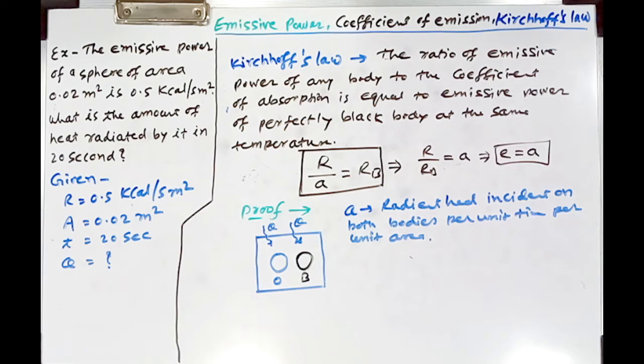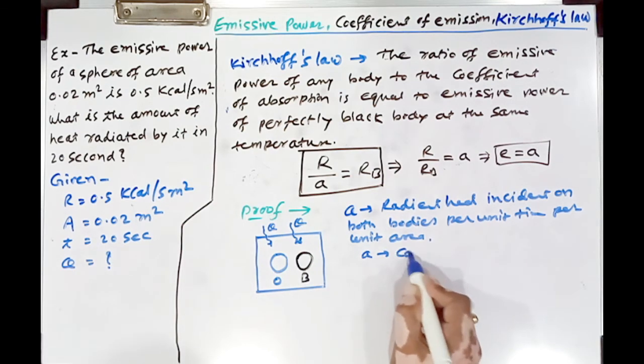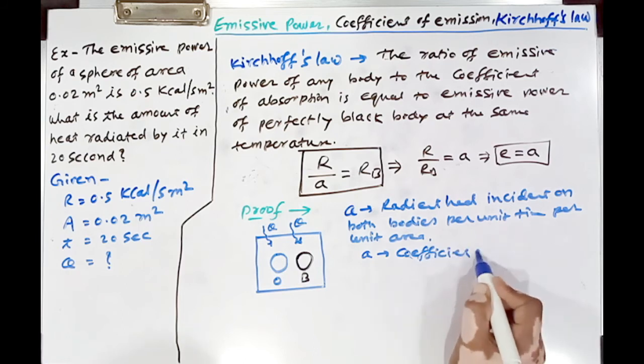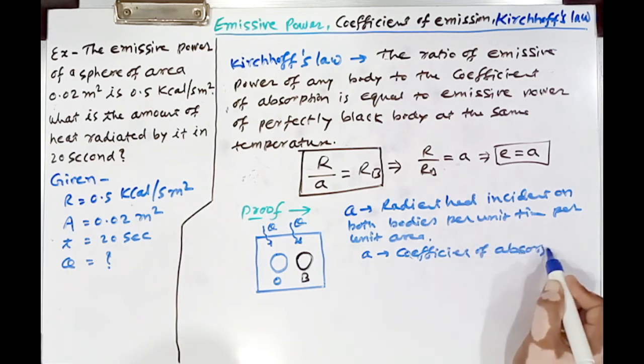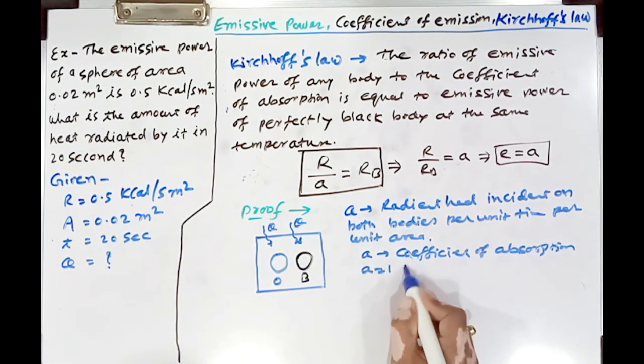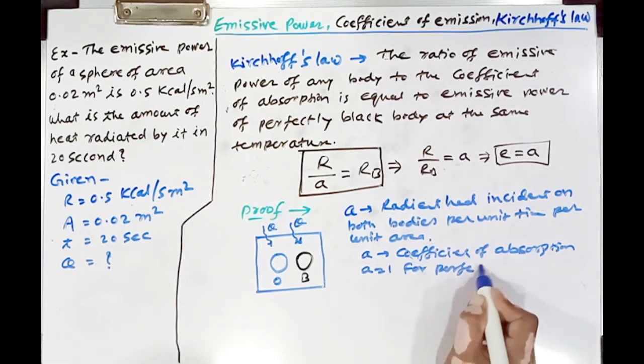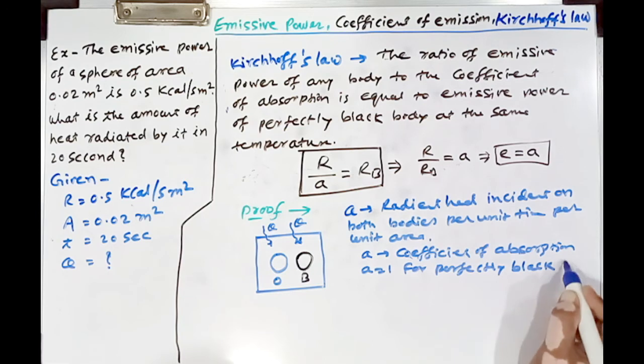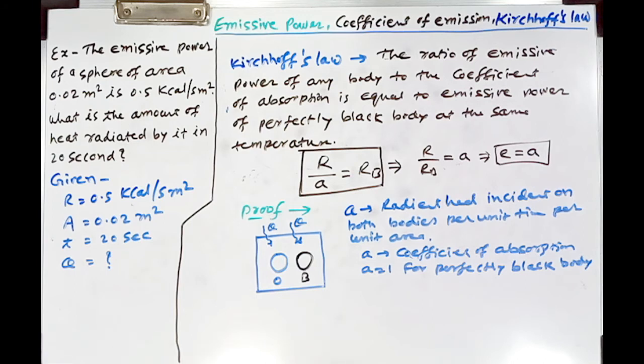Suppose that a is the coefficient of absorption of body O. a is equal to 1 for a perfectly black body. Then the part of heat incident on the ordinary body and black body is absorbed, and the same amount of radiant heat is emitted by both bodies so that their temperature remains constant.